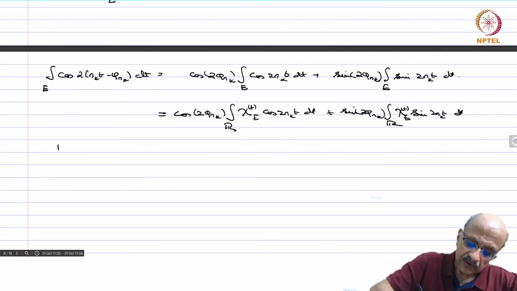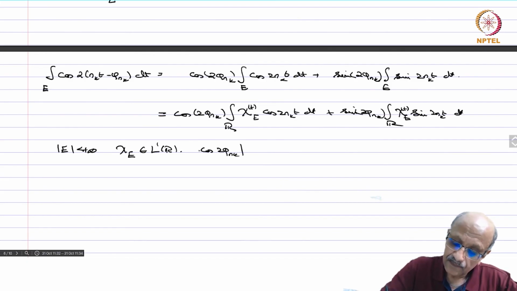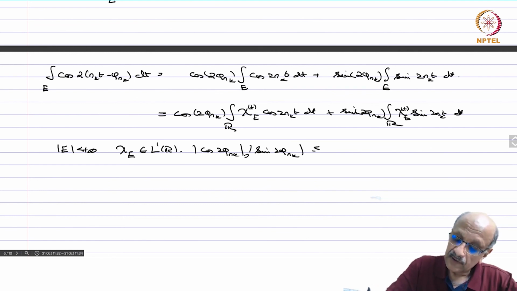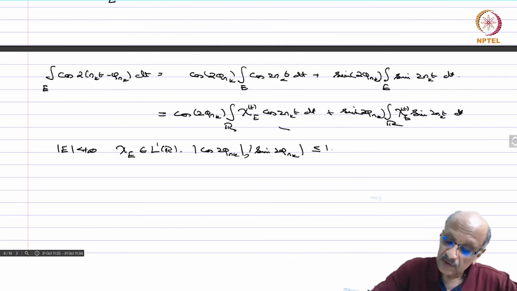Now E is of finite measure, therefore chi_E belongs to L1 of R, and cos 2 phi_{n_k} and sin 2 phi_{n_k} are all less than or equal to 1. Therefore, each of these terms has to go to 0 by the previous exercise, exercise 13.